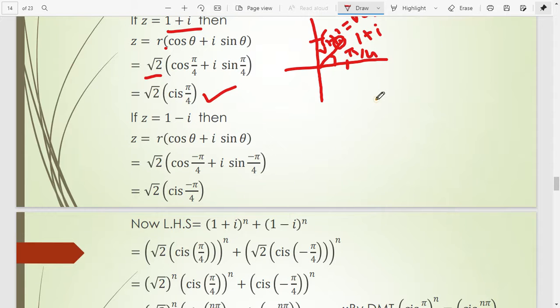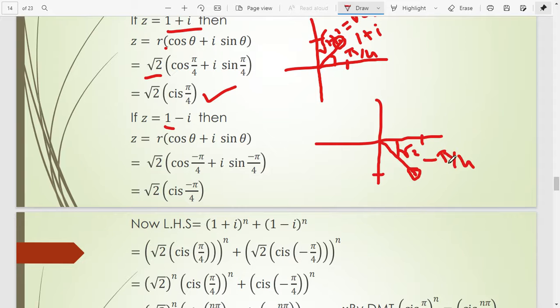Now z is equal to 1 − i, so the value of x is equal to 1 and y is equal to −1, so we get the point here, and the distance of this point is root 2 and the angle with the x-axis is −π/4, so r is equal to root 2 and θ is equal to −π/4, so we get z is equal to √2 e^(−iπ/4).